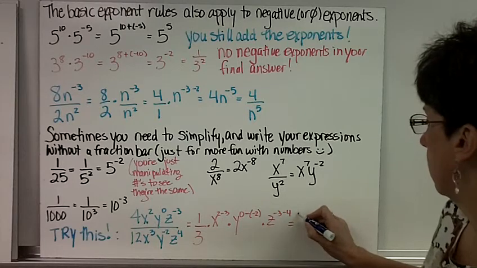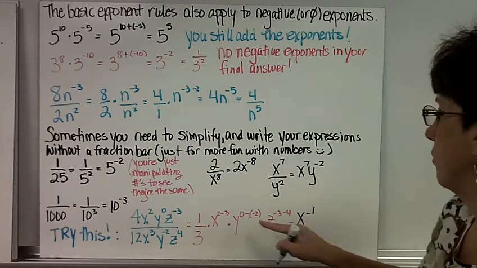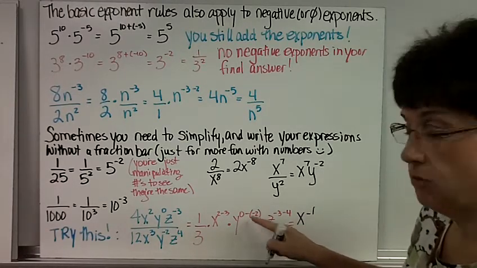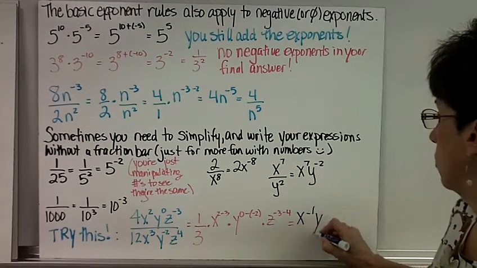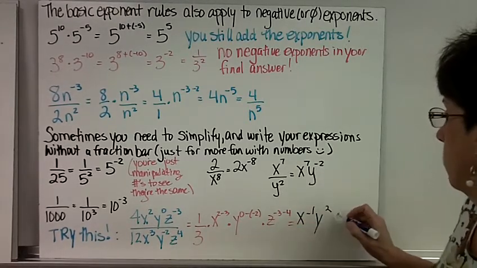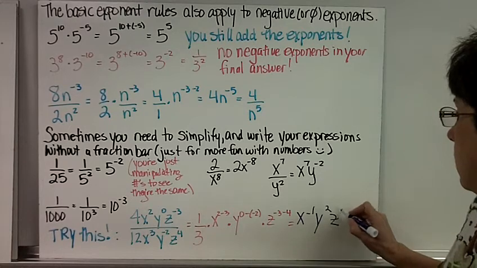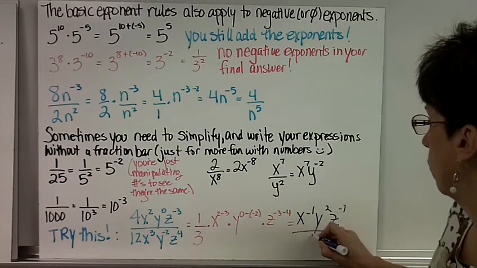What's 2 minus 3? Negative 1, so I'm going to have to move that. 0 minus negative 2 becomes 0 plus 2. Negative 3 minus 4, negative 7. And that's all over 3.